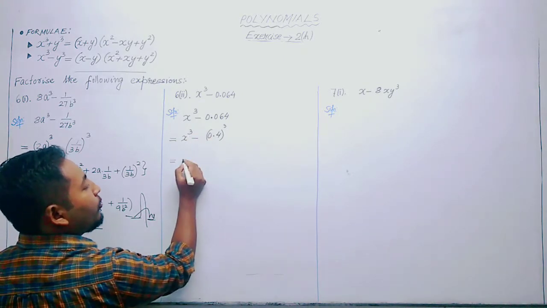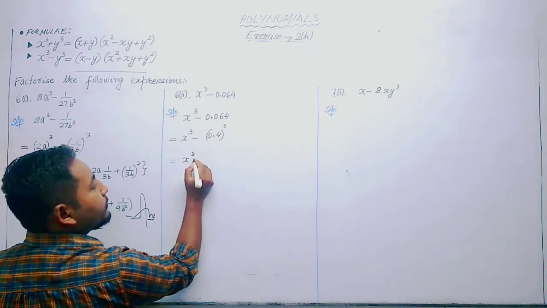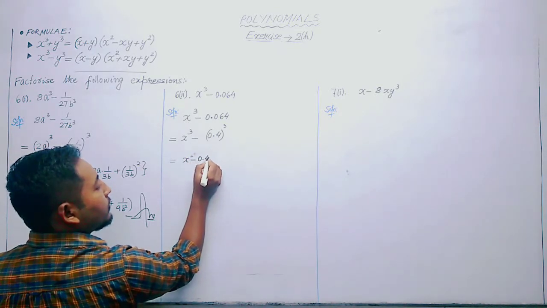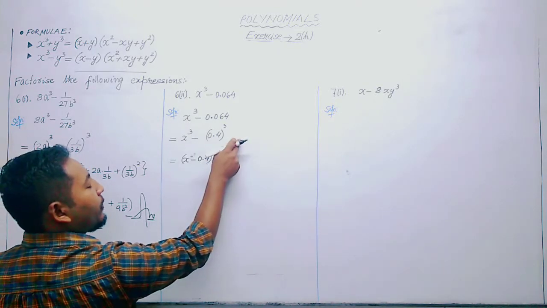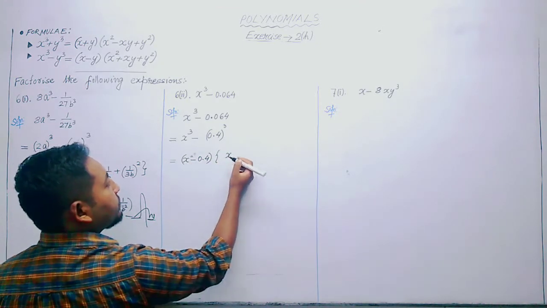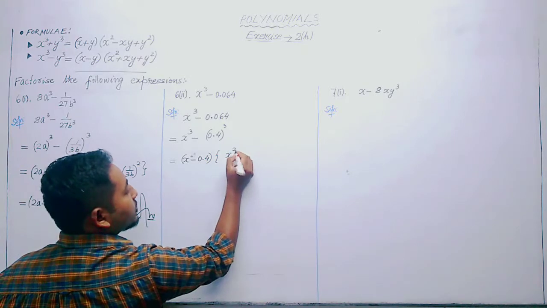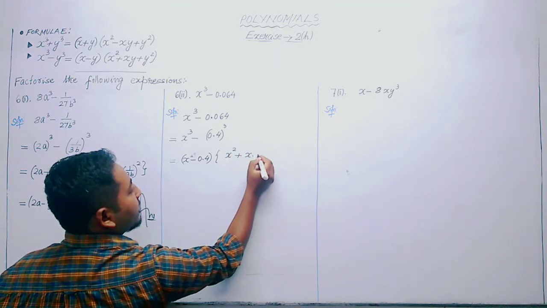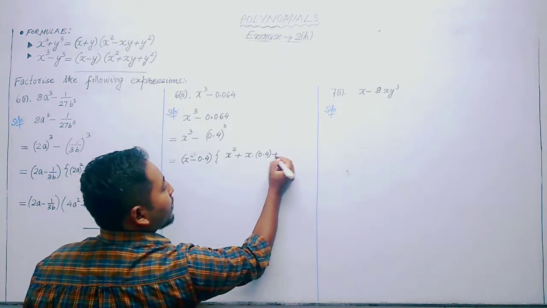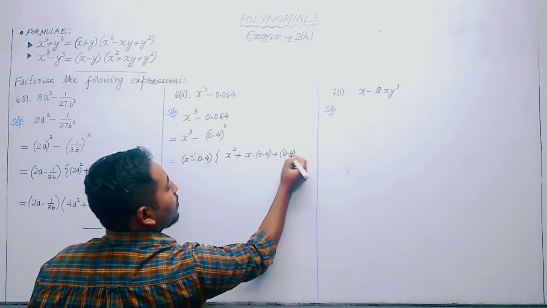x cube minus y cube will give you x minus y. Then it comes x square plus x into 0.4 plus 0.4 square.